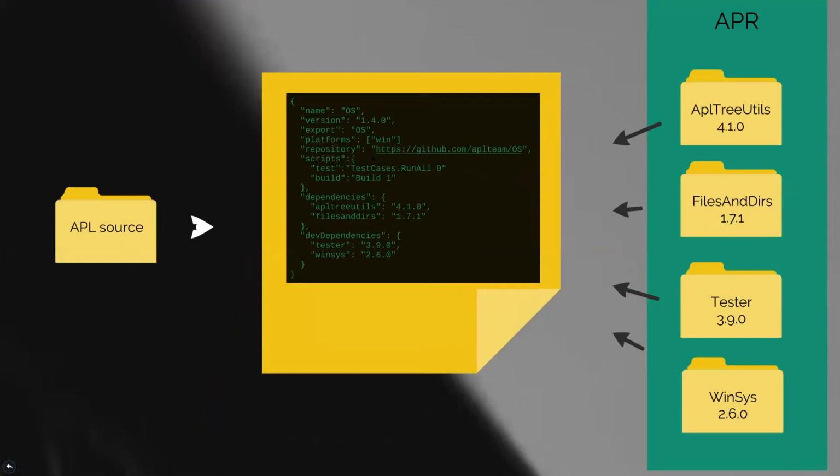I've taken an example from the Apple Teams OS package. It's a tool giving you some methods for querying the operating system features. It's operating system level methods.